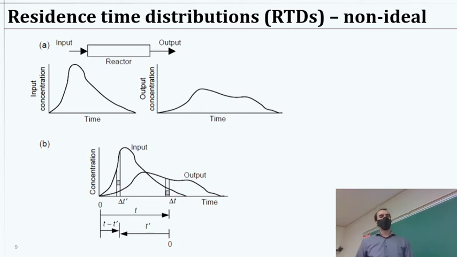So if we have a non-ideal case, and we check the concentration over time, what we see is a mess. How much of a mess will determine how ideal or how non-ideal a reactor system is. And it turns out that, let's say you're measuring your input and your output, it might be shaped something like this.